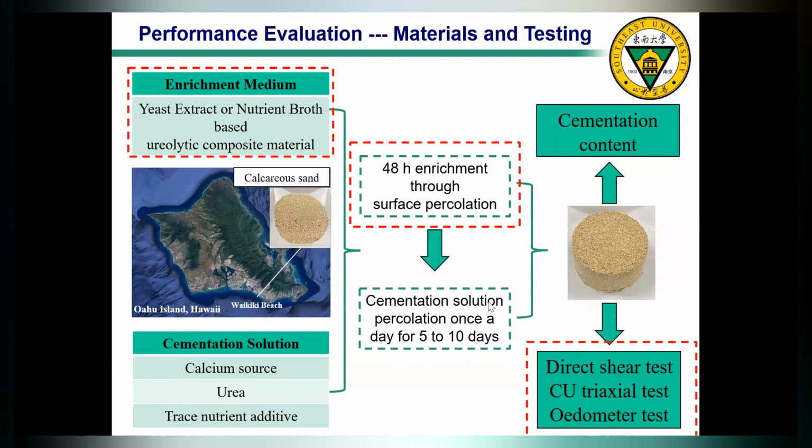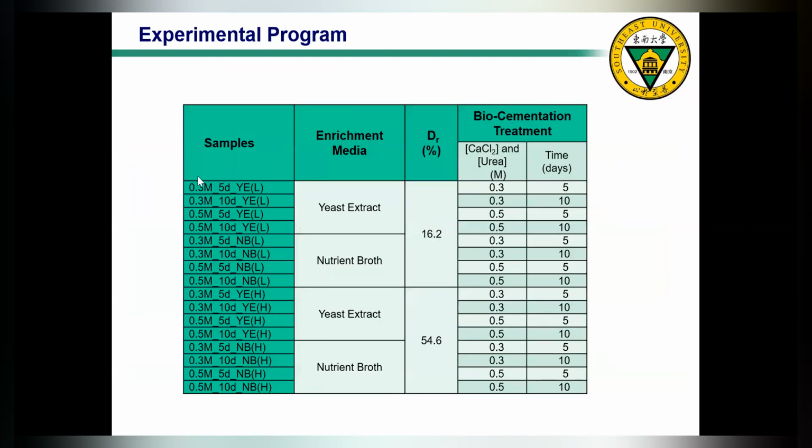After that, we got the bio-cemented sand samples. Then we performed the cementation content measurement, direct shear test, triaxial shear test, and other tests. Here is the overview of the experimental program. We have 2 enrichment media.